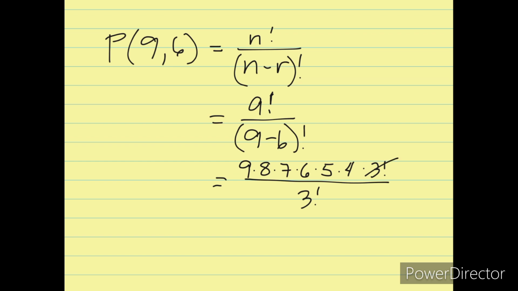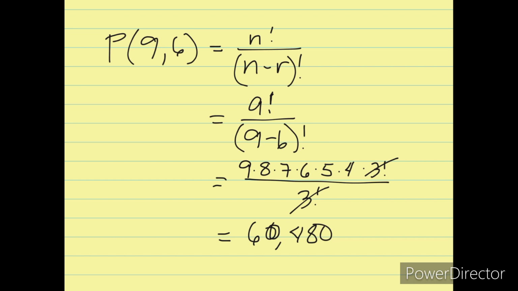So we can cancel the 3 factorial and get the product of the remaining numbers. So 9 times 8 times 7 times 6 times 5 times 4, which is equal to 60,480. So that's the permutation of 9 and 6.